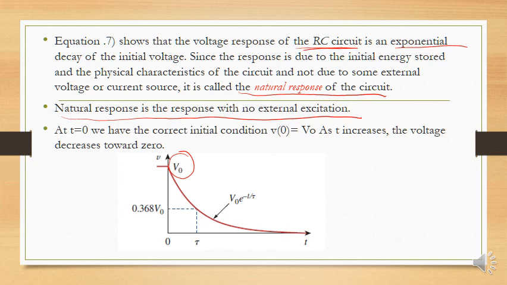Right now, when we are calculating the response, we don't have any exciting source. We just have previously stored charge in our circuit. So this is our response: V naught e raised to the power minus t over tau. It is a decaying exponential. Its initial value is V naught, and it starts from V naught and exponentially approaches zero.